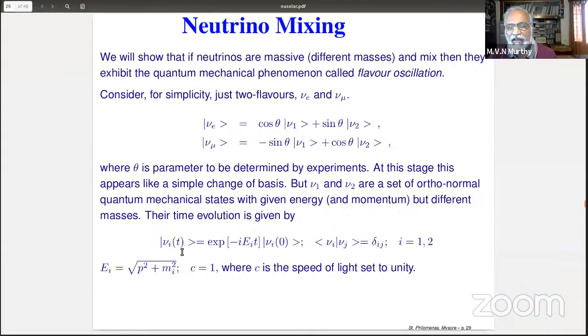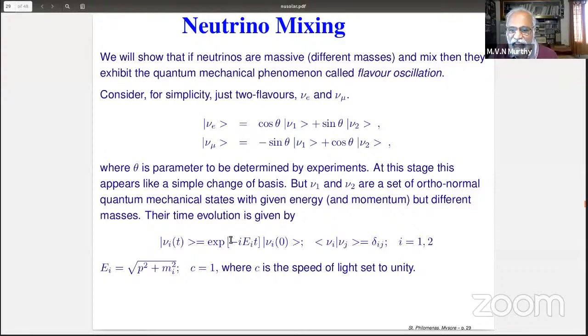Nu i of t, where i can be 1 or 2, evolves as exponential of e to the power minus i E_i t, operating on nu i at time t equal to 0. So if you know nu i at time t equal to 0, this evolution tells you what the state will be at time t. Now, in a simple change of basis, this E is common to both and therefore nothing happens.